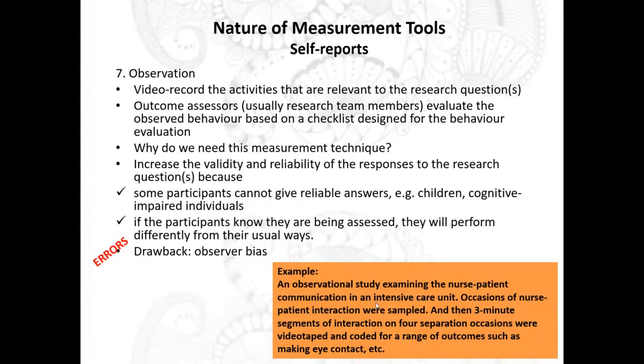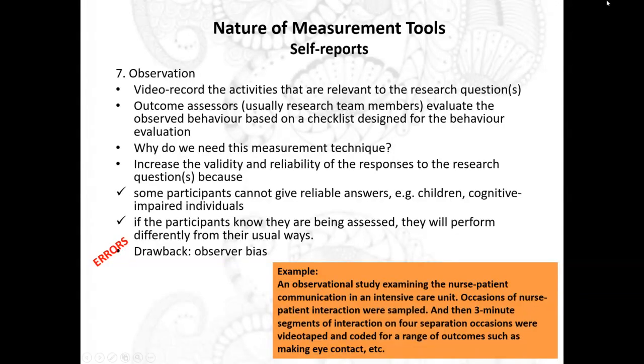The outcome, I want to know how the nurse communicates with the patient and how the patient responds. For an outcome like that, do you think that we can simply use a questionnaire to measure it? We can't. It is really difficult, even for the nurse or for the patients, to raise the items. So a better way is through observation.